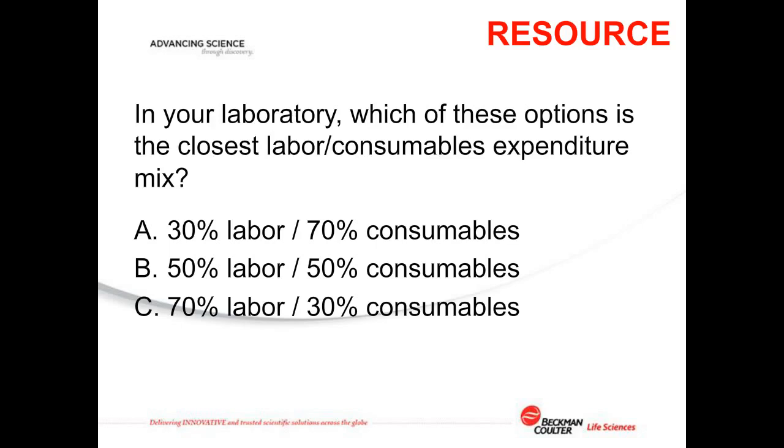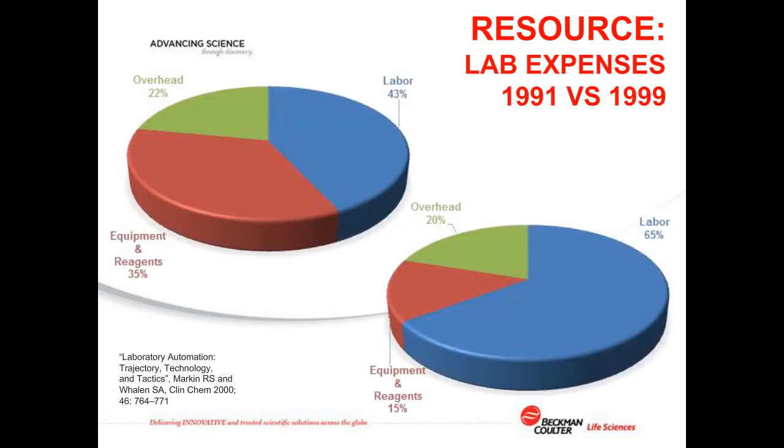So a lot of people have looked at this question. I particularly liked this paper because it broke it down into these nice little pie charts and showed the change from 1991 to 1999. So in 1991, and this is all laboratories, not just the very labor-intense laboratories that do a lot of laboratory-developed testing.